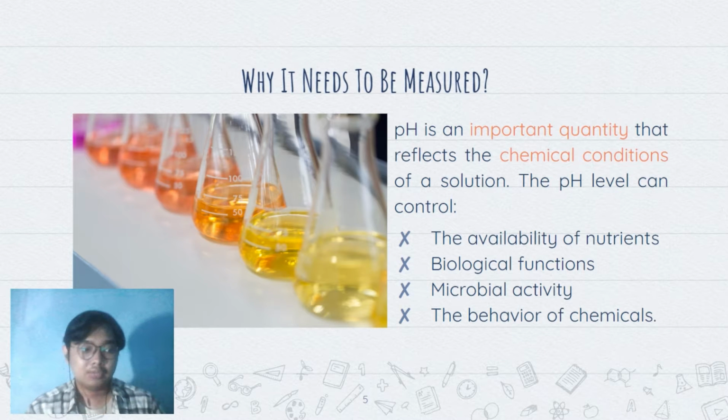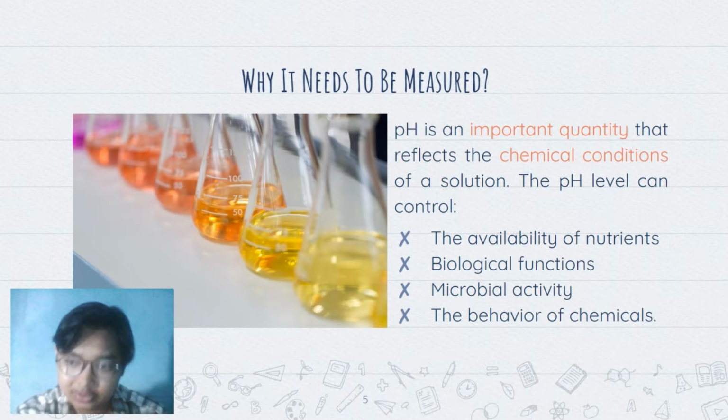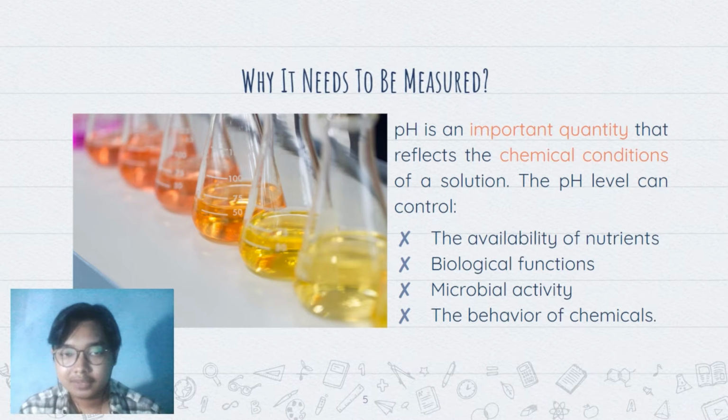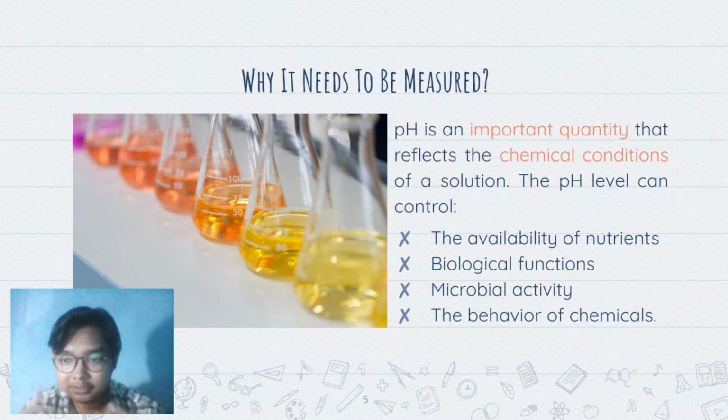Now, why does pH need to be measured? pH is an important quantity that reflects the chemical condition of a solution. It can control the availability of nutrients, biological function, microbial activity, or the behavior of chemicals. Many scientists, researchers, and water treatment managers measure pH level for a variety of reasons. For example, water that humans will ultimately consume, directly or indirectly, needs to be kept at a certain pH level.